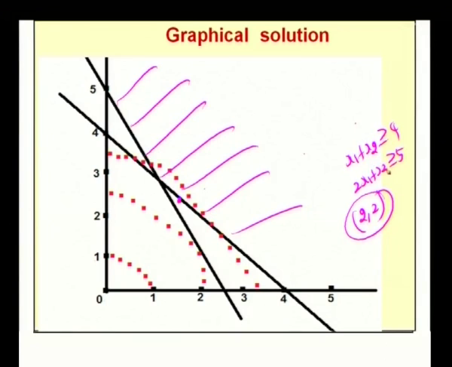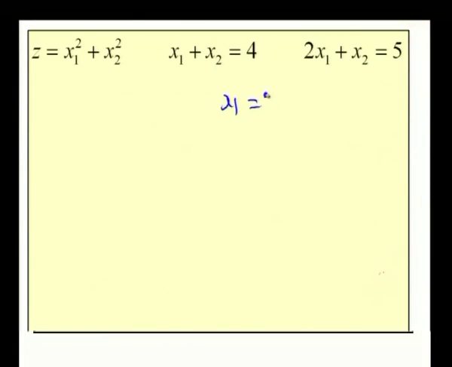Therefore, the optimum solution for the given problem is x1 equal to 2, x2 equal to 2, with maximum z equal to x1 squared plus x2 squared, which is 2 squared plus 2 squared, 4 plus 4, we have 8. So, the nonlinear programming problem has an optimum solution of z equal to 8 with x1 equal to 2 and x2 equal to 2.